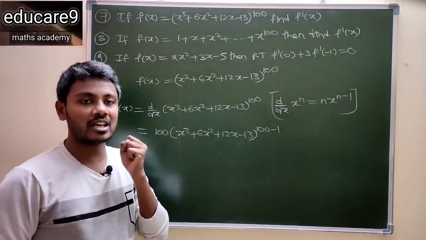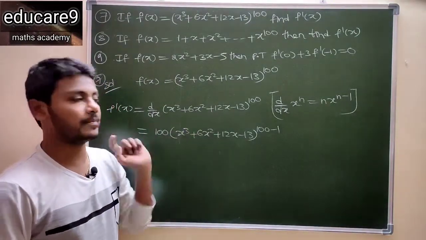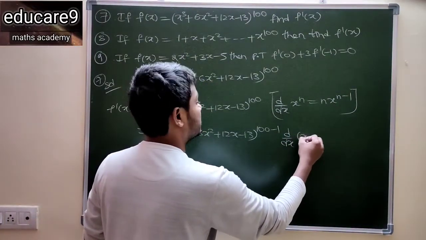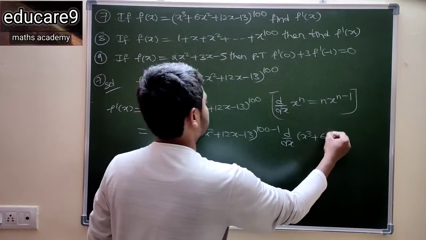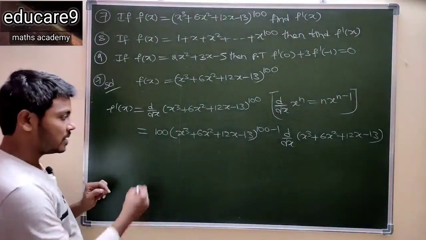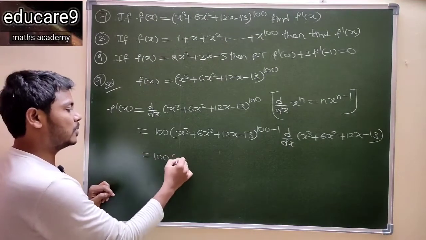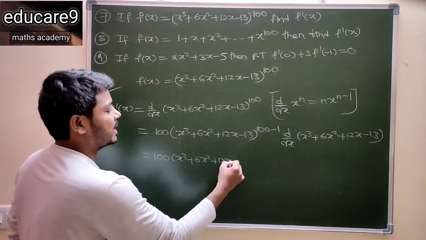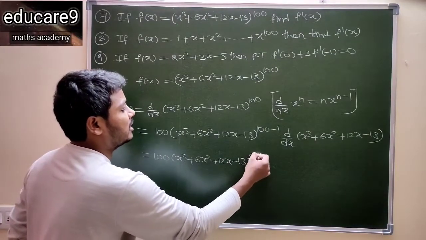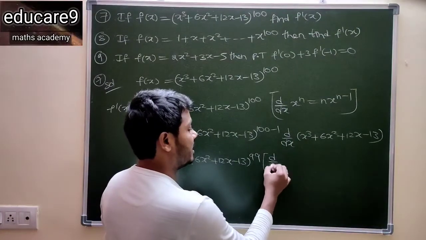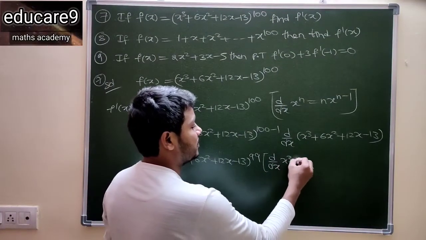So some change is there. So we have to do the internal derivative, that is d by dx of x cube plus 6x square plus 12x minus 13. So this is 100 into (x cube plus 6x square plus 12x minus 13) whole to the power of 99. See here, first one, d by dx of x cube.